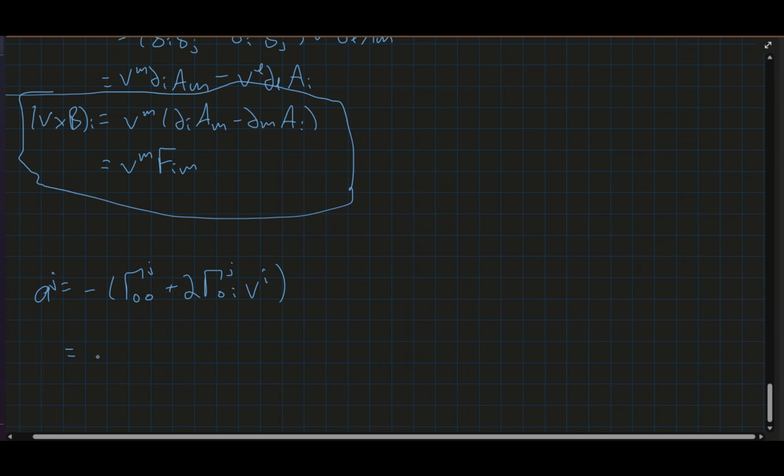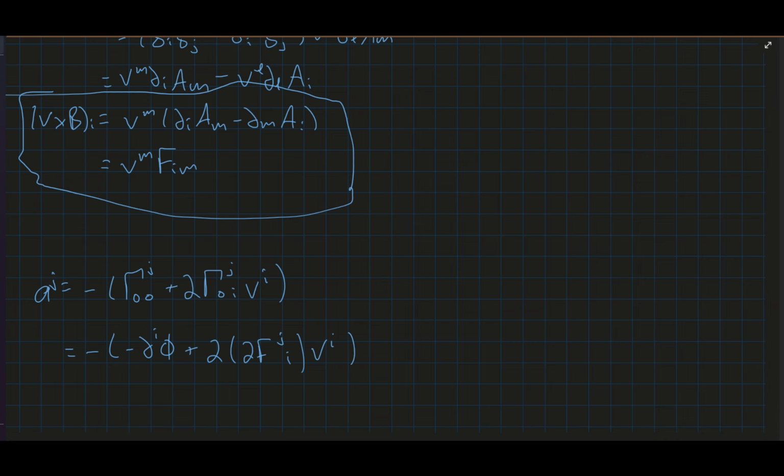And we can just start subbing things in. So we get for this one, remember, minus del_I phi, plus 2, this gamma is just 2 F_JI, if you remember from that part, times the V_I here.